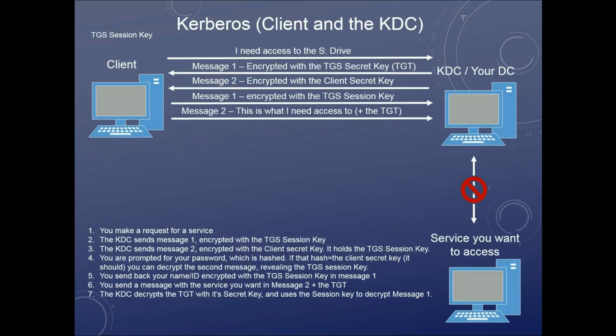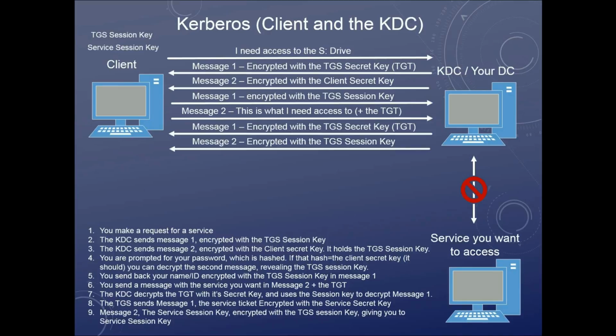And it will use the session key that it gets from it to decrypt the first message, the one with your name and ID and the timestamp, the one that you encrypted. It is now going to finish this thing up and send you back 2 more messages.